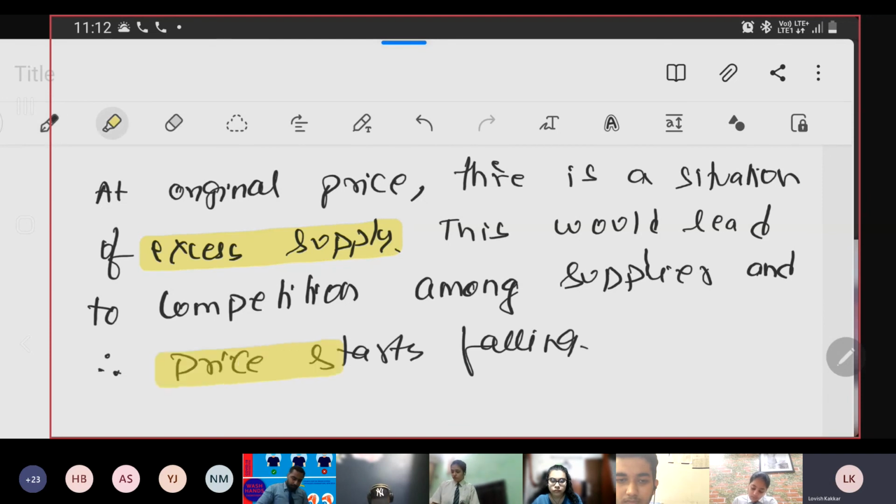Now, what happens when price starts falling? That is, what happens when the price of the commodity starts changing? Is there a movement or a shift because of fall in price of the commodity? Movement. There will be movement.